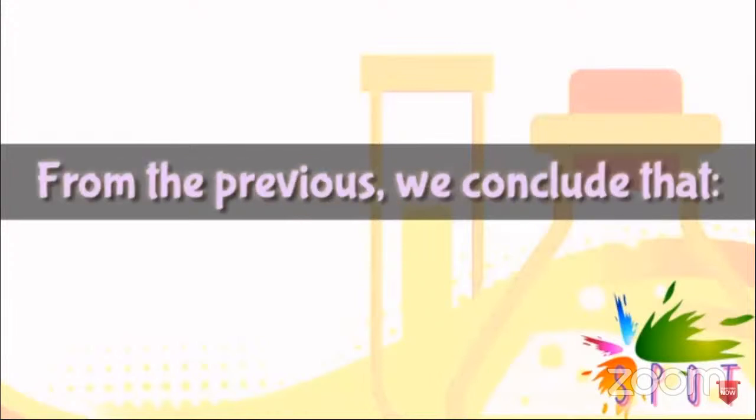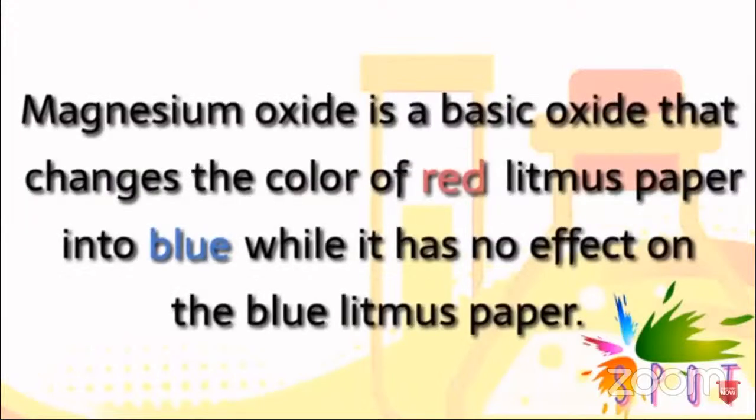From the previous, we conclude that magnesium oxide is a basic oxide that changes the color of red litmus paper into blue, while it has no effect on the blue litmus paper.